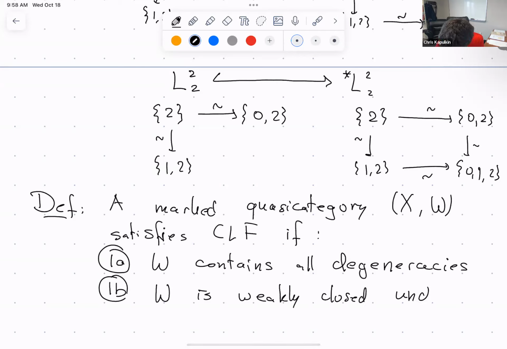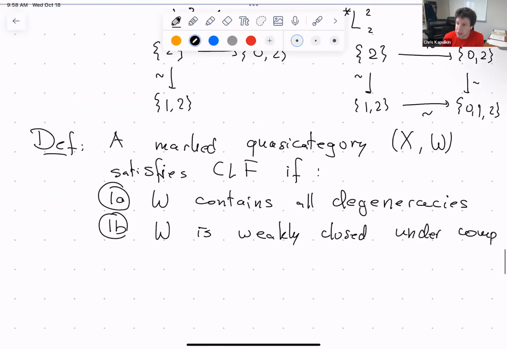So that's rather interesting. What does it mean to be weakly closed under composition? Well, if I take 2 composable 1-simplices that are both weak equivalences, in a quasi-category I can always compose them.